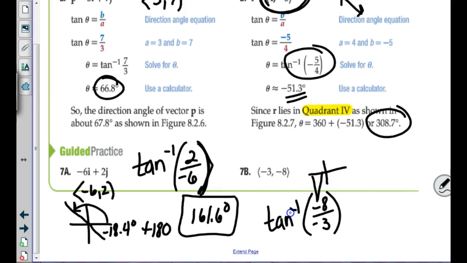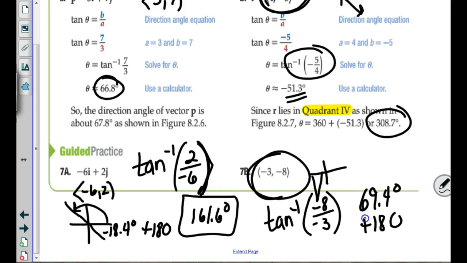Add 180 again, yep. -8 divided by -3 turns out to be 69.4 degrees. But this was a quadrant 3 angle, so we need to add 180, which is 249.4. So you just need to make sure that it agrees with the quadrant.